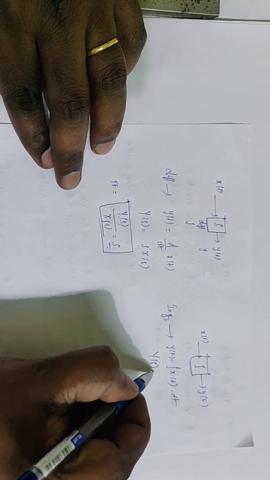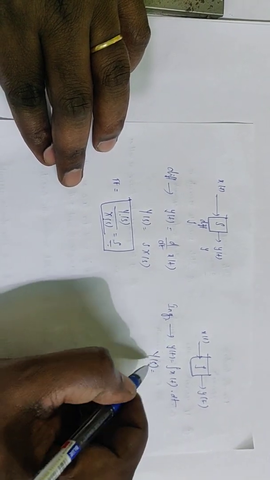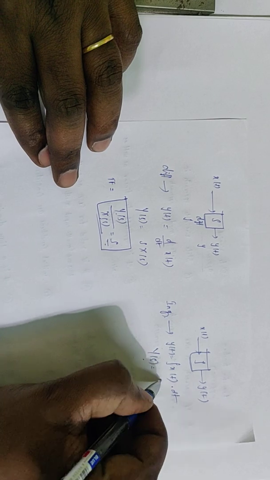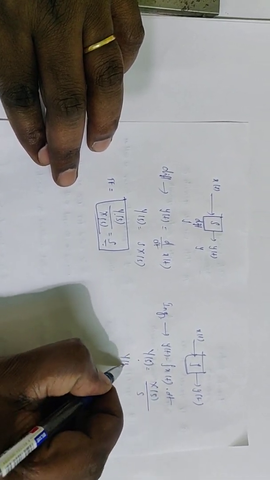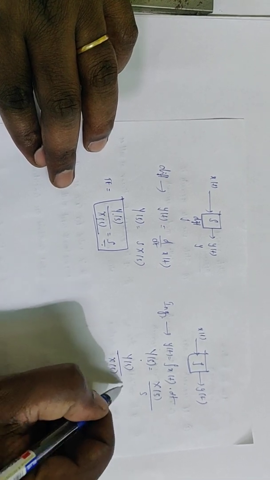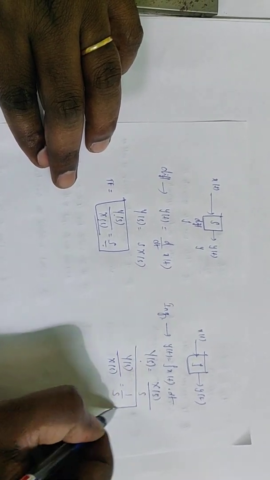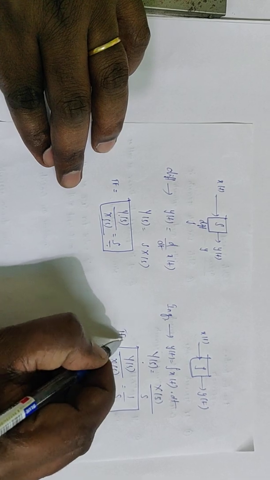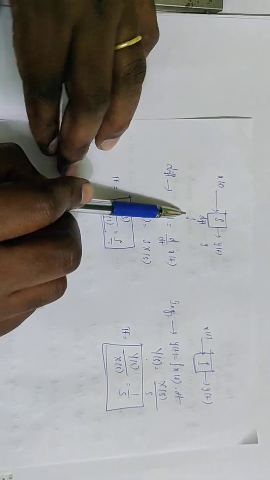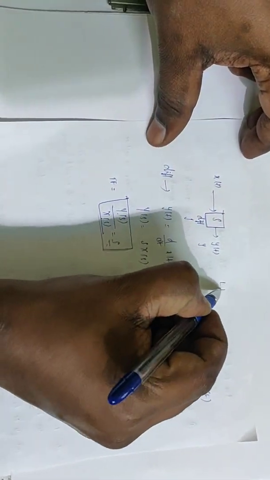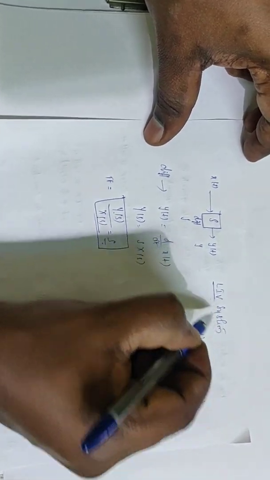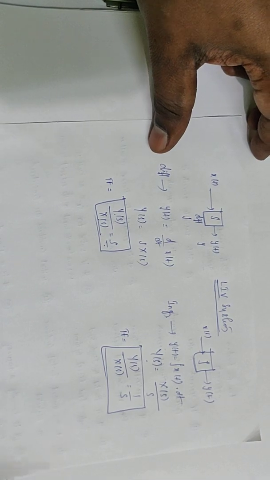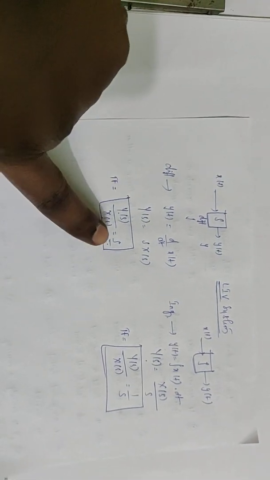If you apply Laplace transformation, Y of s is X of s by s. So again Y of s by X of s is equal to 1 by s, which is also a transfer function. So these integral and differential systems are linear time invariant systems. If you observe all the transfer functions, they have s or 1 by s.